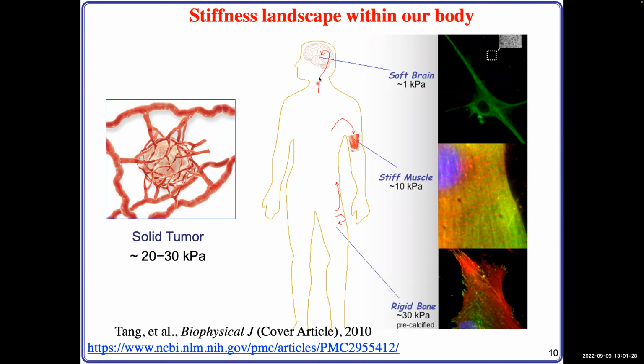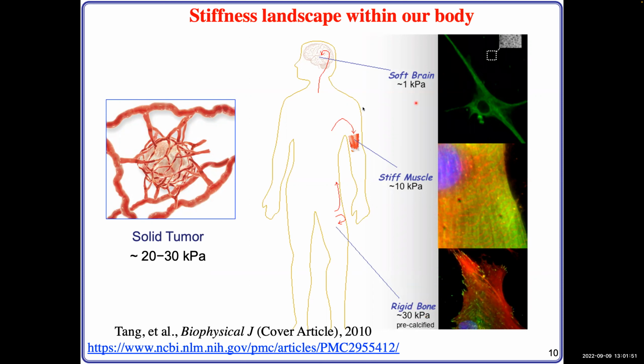The human body has different cells. You have neurons, and the brain consists of neurons. You have muscle, which consists of muscle cells. You have the bone, and bones consist of osteoblasts, osteoclasts, and many regenerative stem cells.